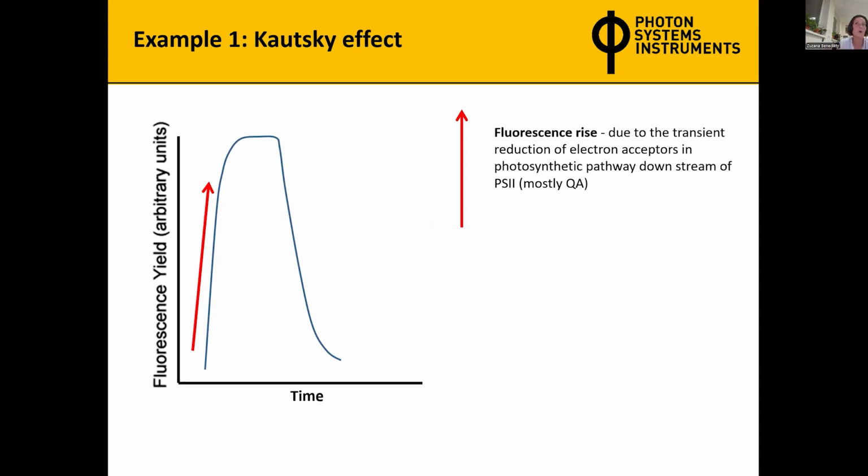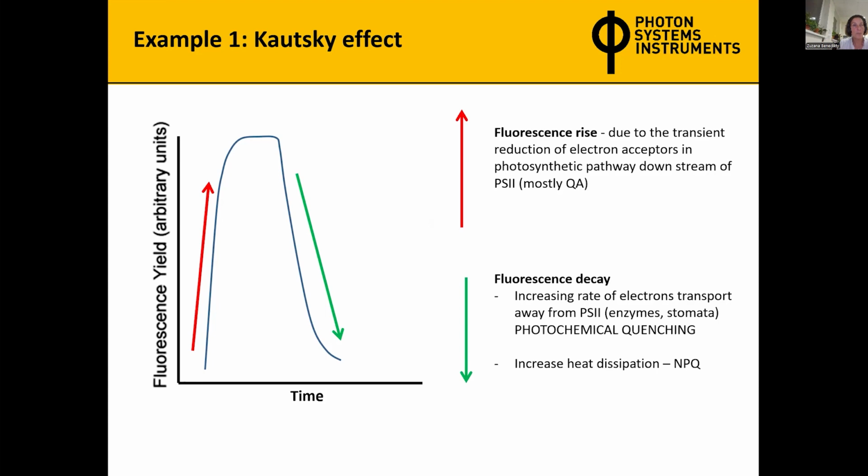And the QA at the moment is, so if the Calvin cycle is not working, electrons from the electron transport chains are not moving forward. All of the transporters are in reduced state. The photosynthetic apparatus cannot take more light, cannot convert more light to chemical energy. So the light is dissipated as fluorescence in this case. And fluorescence is increasing in the beginning.